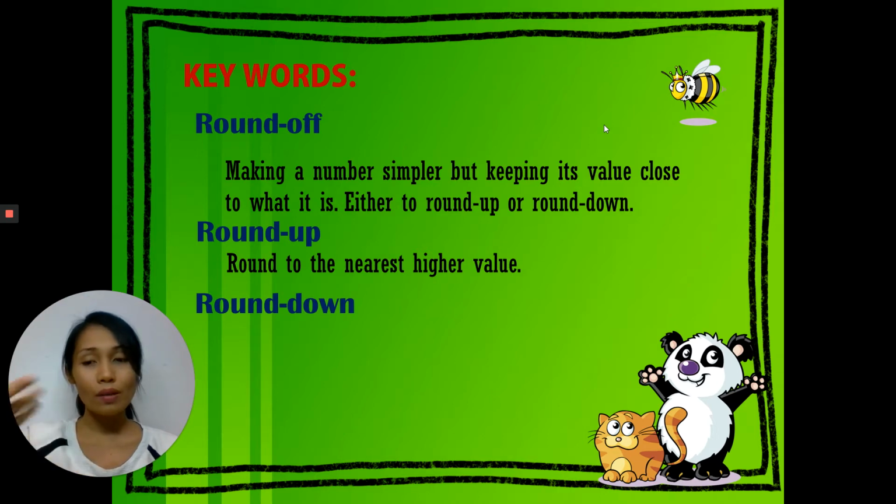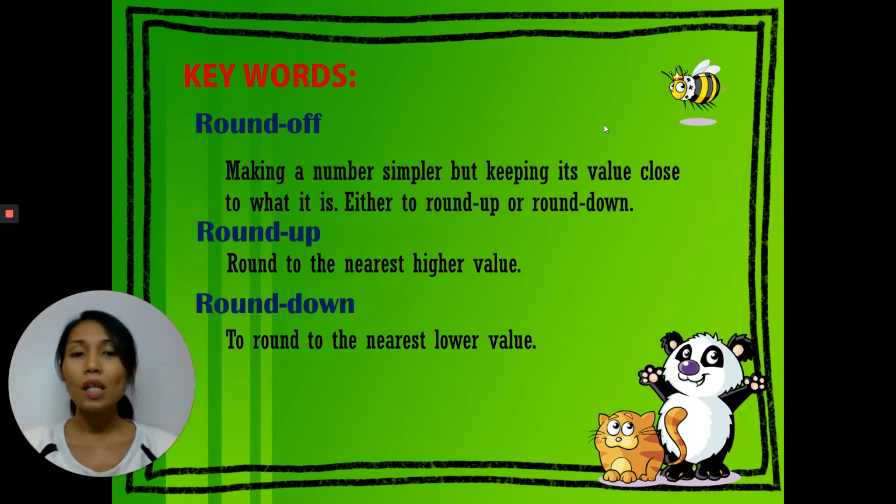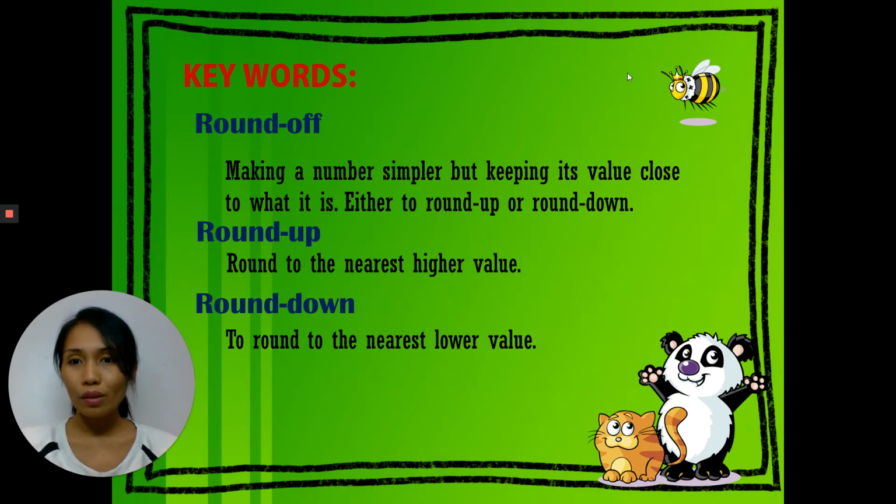Same with round down, we will round the number to the nearest lower value. It's just the opposite way. As long as we can identify the number, where is it closer? Is it closer to the higher value or the lower value? Then that's how we round off the number.